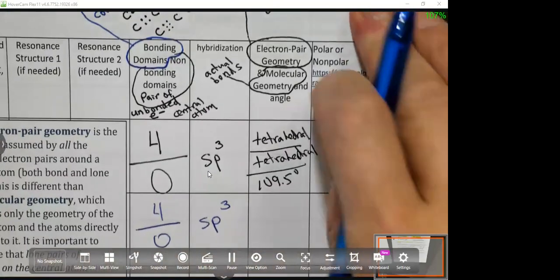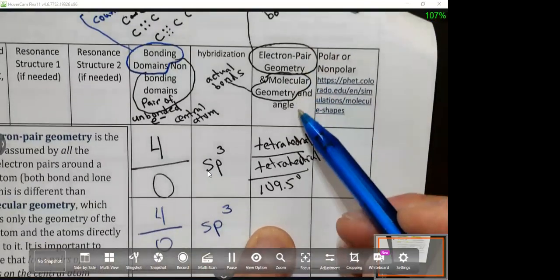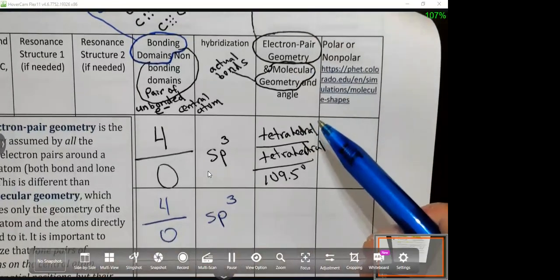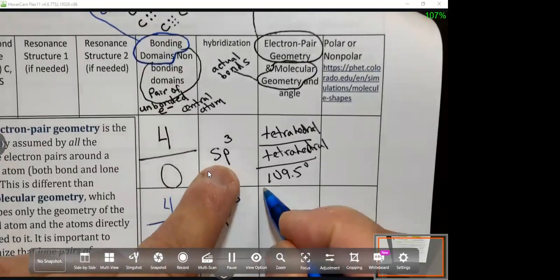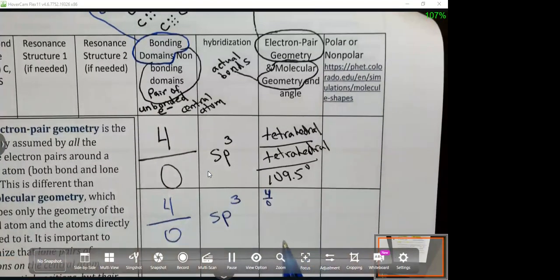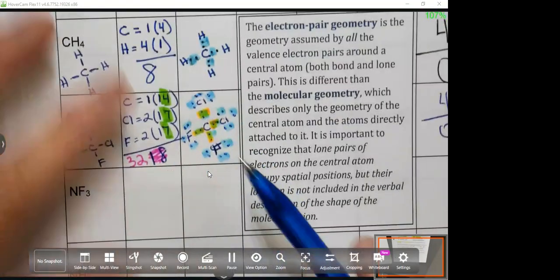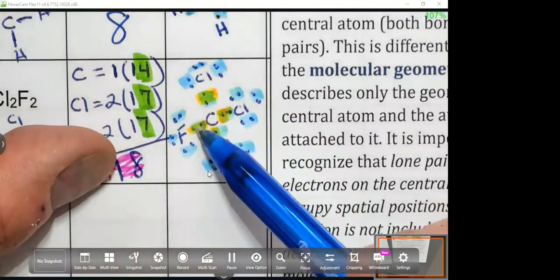Now, let's talk about electron pair geometry and molecular geometry and angles. The electron pair geometry is, I'm going to start separating this. This is a 4, 0. If you just look at the electron pairs in the middle, how many electron pairs do you have? 4.